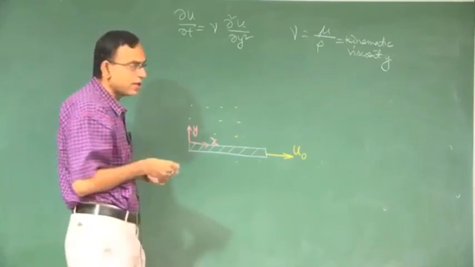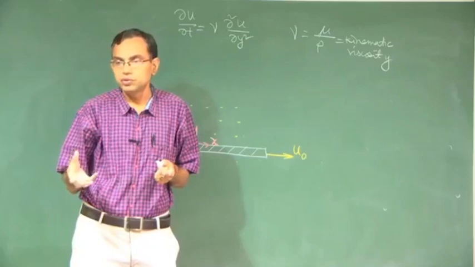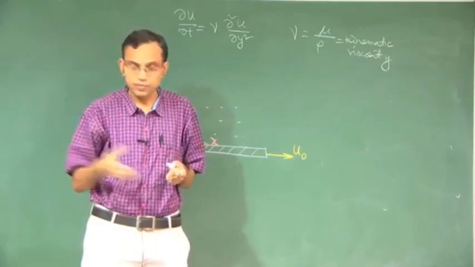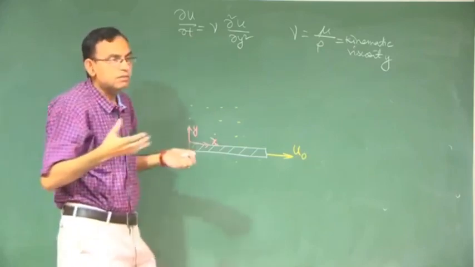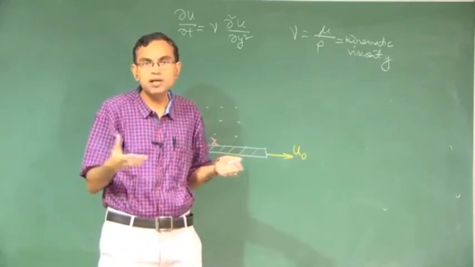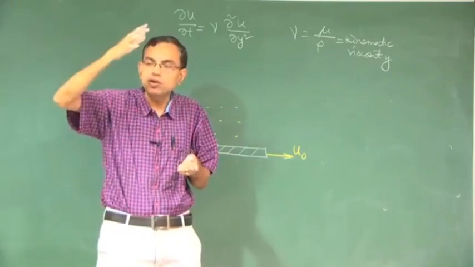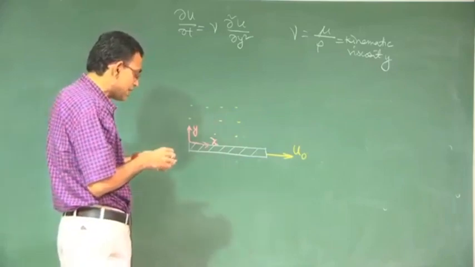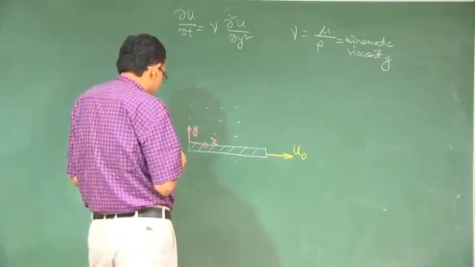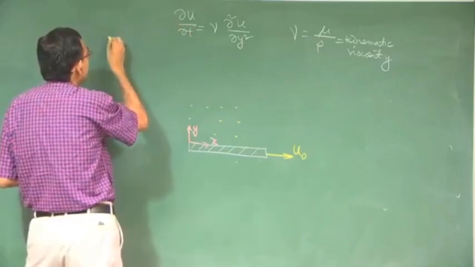What is the scale? For example, the scale of u is the maximum u, which is u0. What is the scale of time? There is no such scale, because you start with time equal to 0, you can go up to time equal to infinity. Time is like your independent variable. So, let us say that we are interested in a time scale of t and see what is happening at that scale.